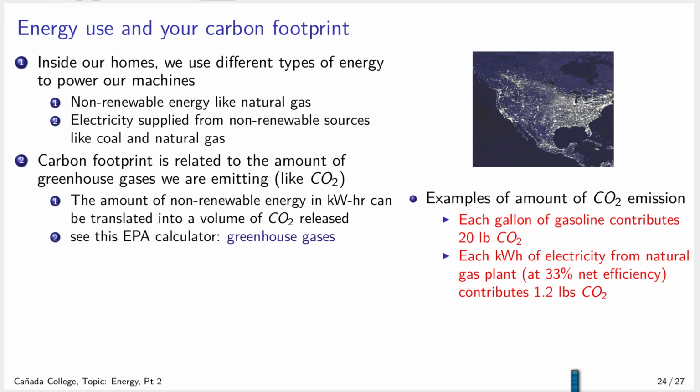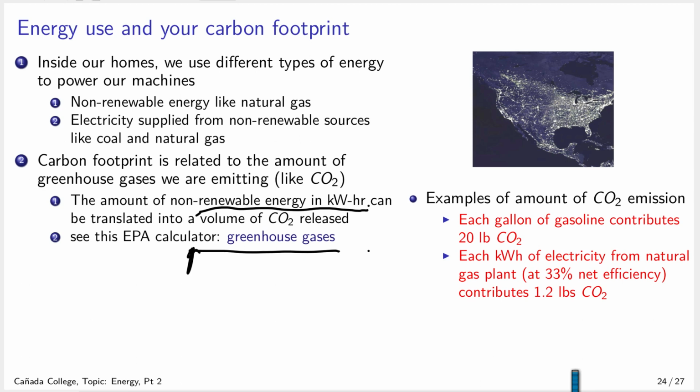Now it turns out that by calculating the amount of energy that you're using in your home in kilowatt hours that come from non-renewable energy, you can translate that into a volume of carbon dioxide that is effectively being released by the power plant through this calculator here that you can find at the EPA, which will be available in the link with this file.